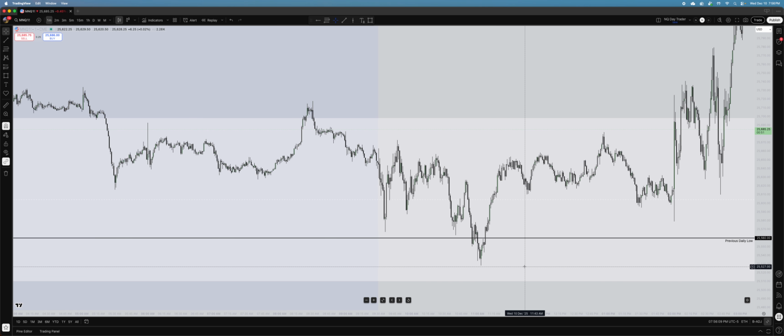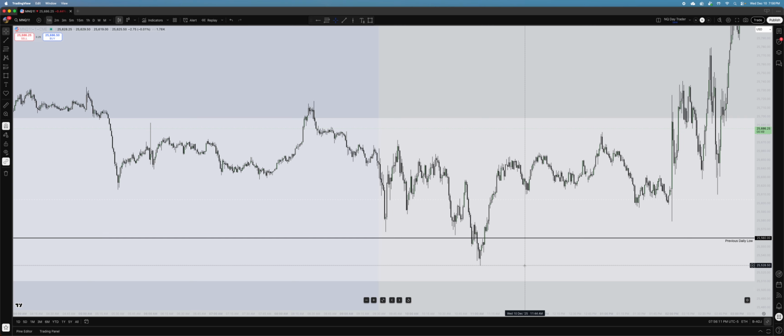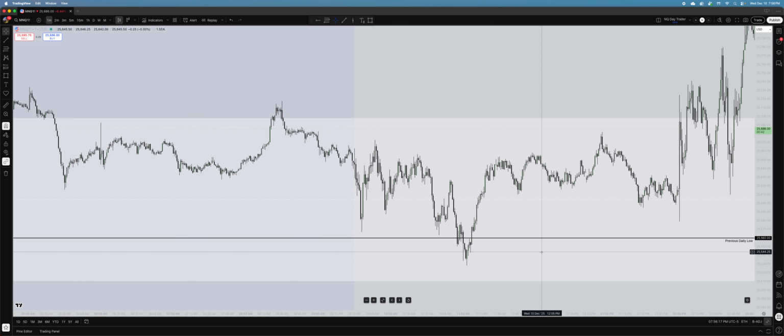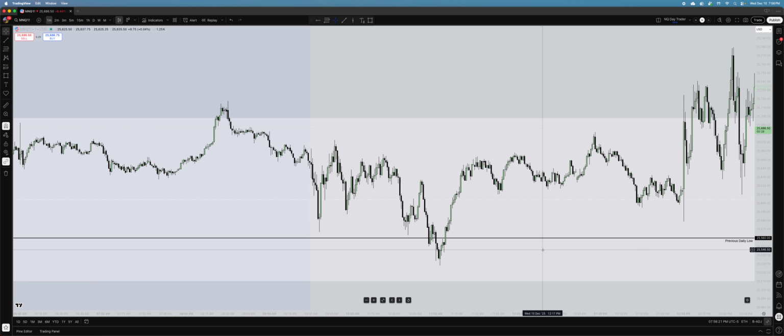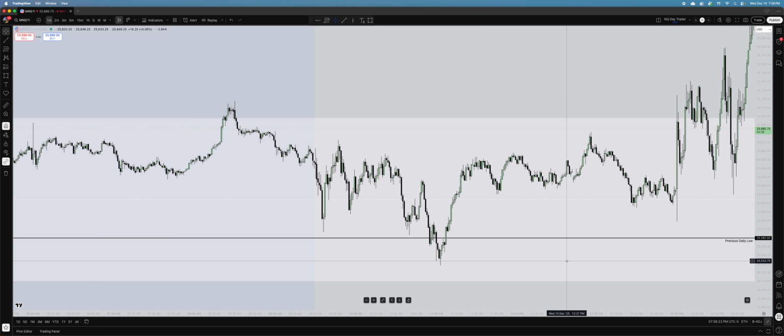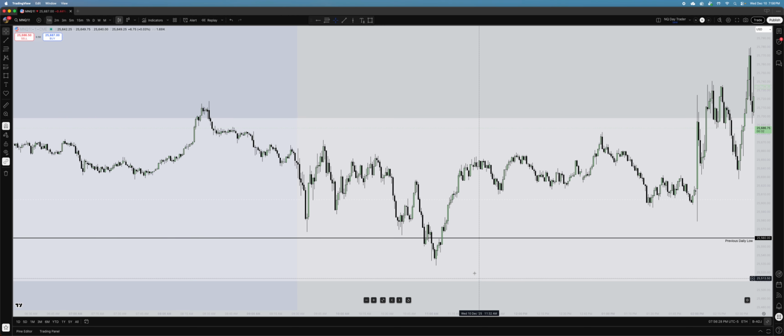So whenever you're bullish and you see a previous daily low or a previous session's low get swept, you should begin to look for setups, okay? So this is a clear-cut model 2022 that ICT teaches, okay?